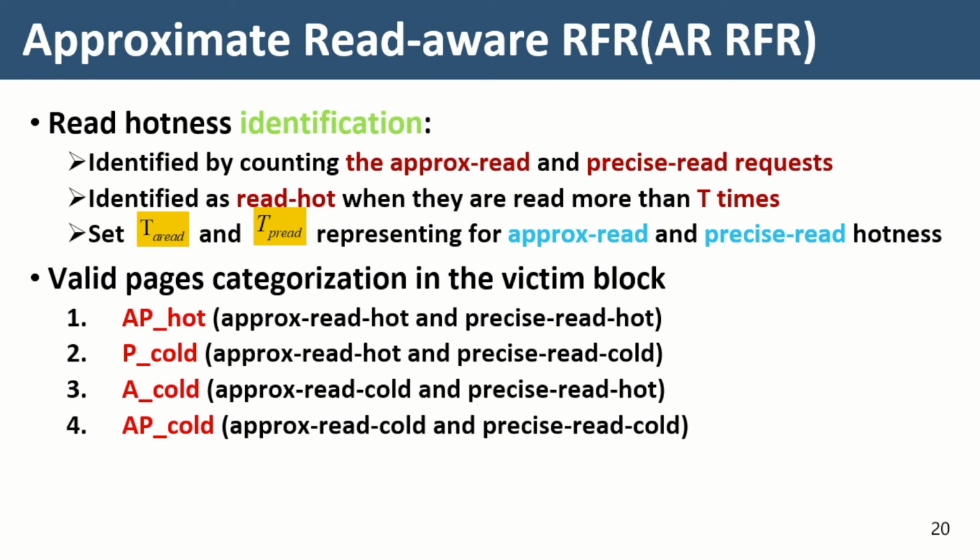Then we categorize the valid pages in the victim block into four types: AP_hot, P_cold, A_cold, and AP_cold.